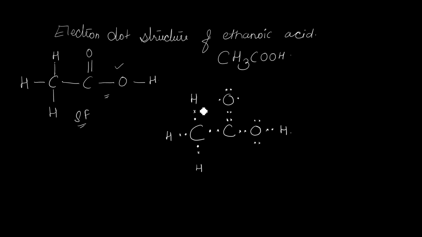Now show the bond formation. Encircle all the electrons. This is how you have to make the Lewis dot structure. Oxygen is making bonds with carbon and hydrogen.